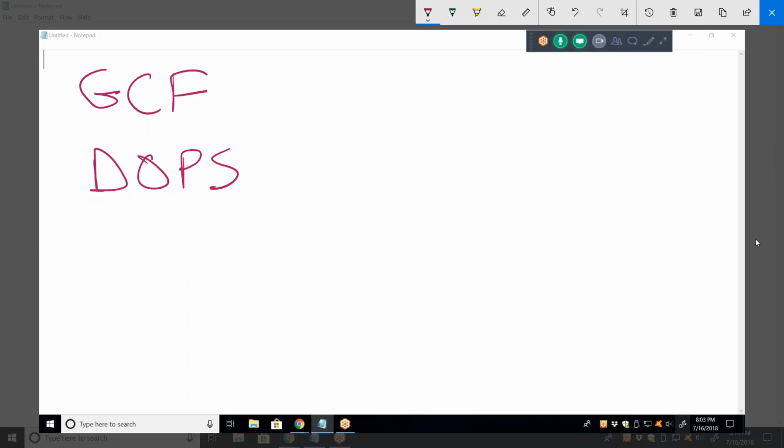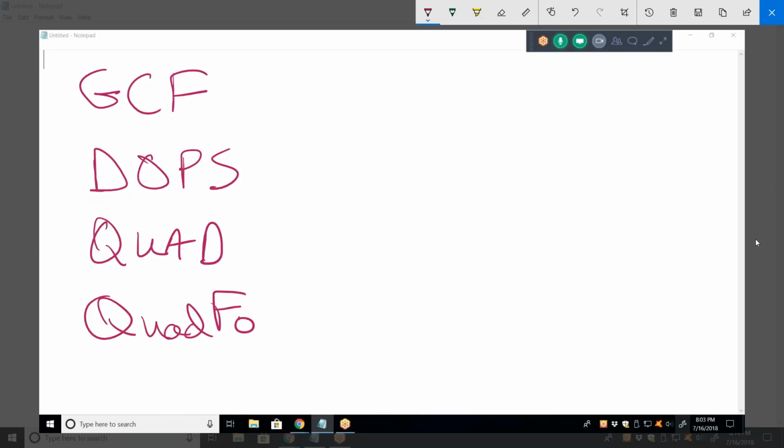And if we don't see dopes, then we're going to do quadratic factoring, which is where you have the 2 parentheses. And if you cannot do quadratic factoring, you got to do the quadratic formula. And I don't know if we'll get into that yet, but it's useful to know the procedure here.